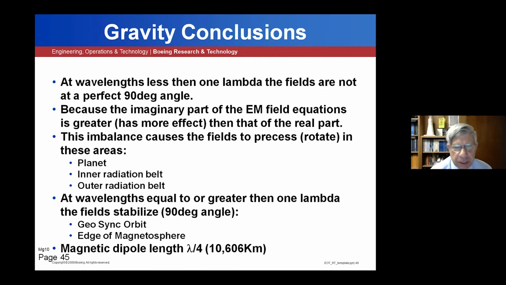Once you get past that, it stabilizes. And when you get out to geosync and the edge of the magnetosphere, they're all at 90 degrees. And the magnetic dipole length at quarter wave is 10,606 kilometers. And basically that's down in the mantle area. It's under the crust, so it's inside the planet.